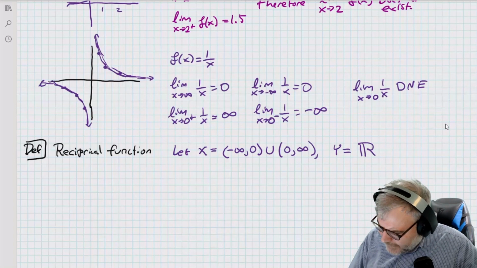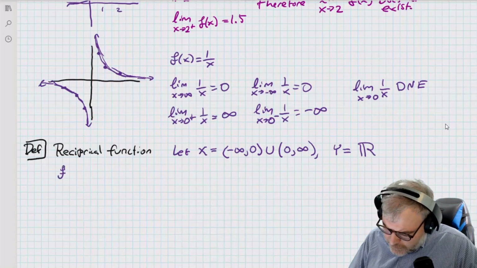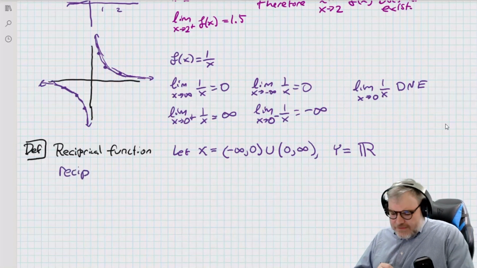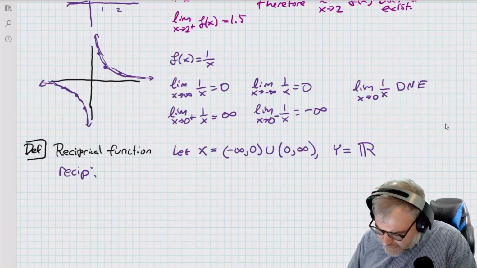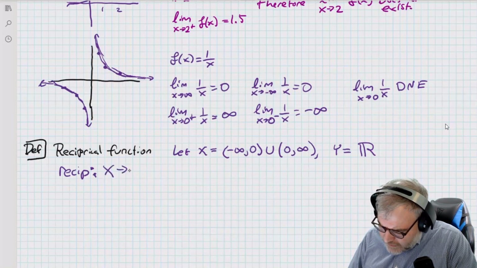Okay? Now, f, so this one is called recip. There's several ways of denoting this function, but it's actually a very important one. So it kind of gets its own thing, right? So the recip of is defined from x to y so that recip of x equals 1 over x.